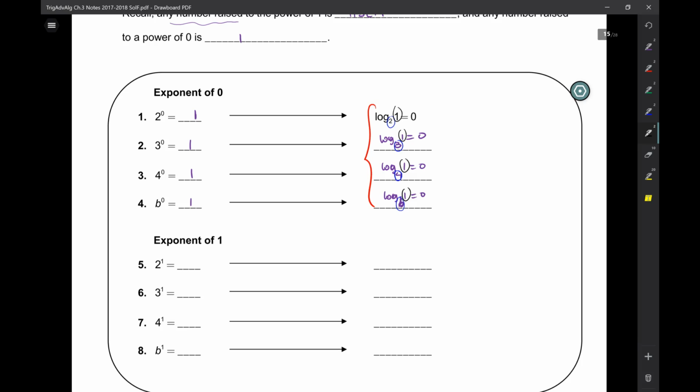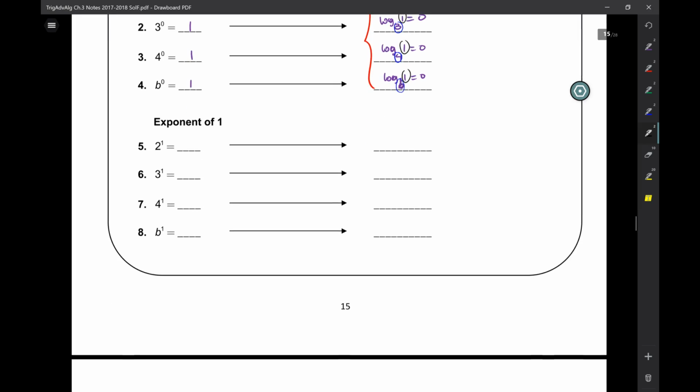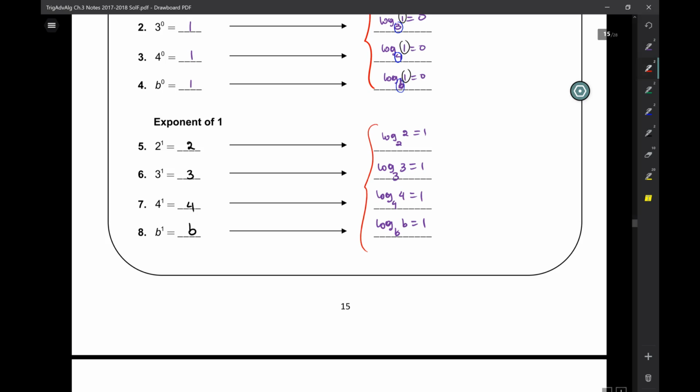Okay? Now let's do that with this next one. Right? So go ahead and fill those in, right and left side. And I'll give you like a half a minute to do that. What patterns do we see here? The answer is the same. What's changing?